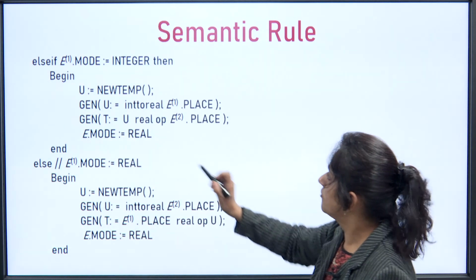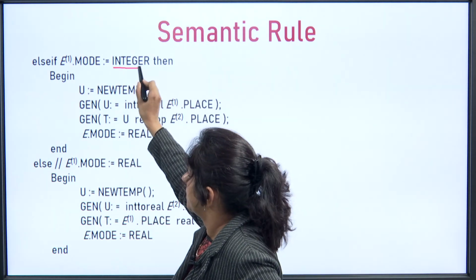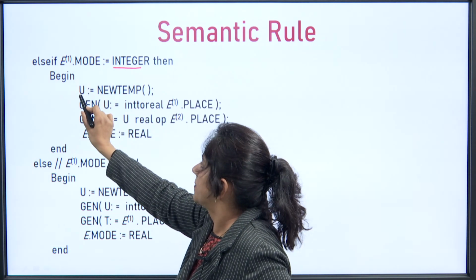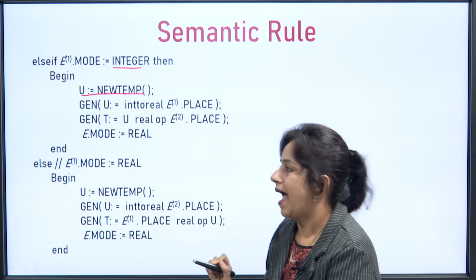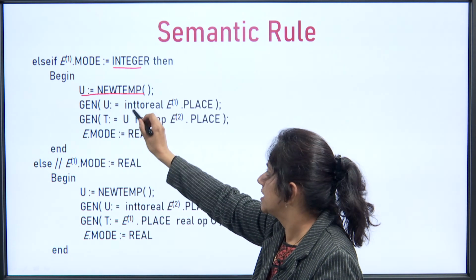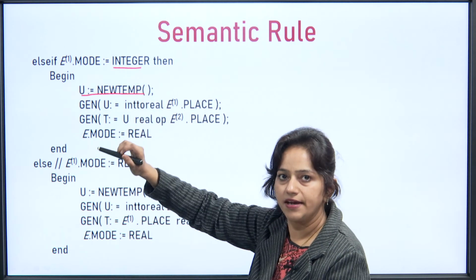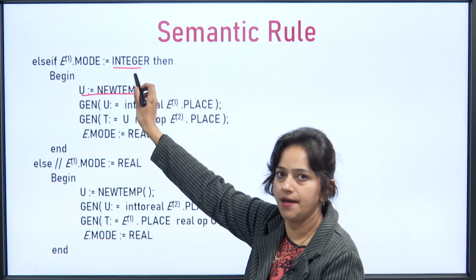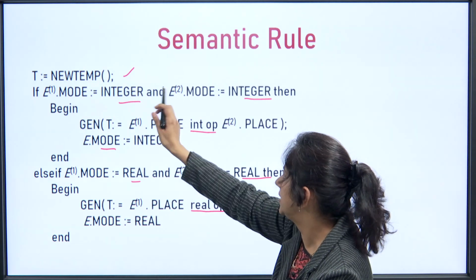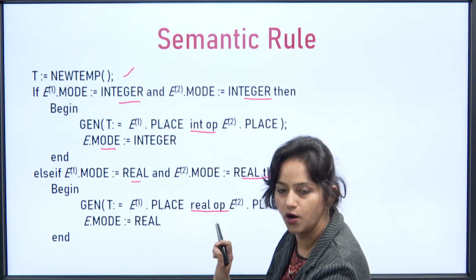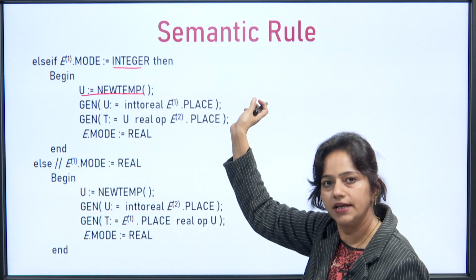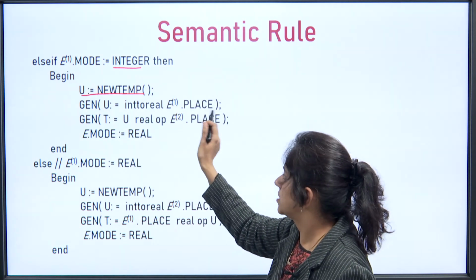Now here, if the first is of integer type, then we create a temporary variable u, and in this u we first convert the first operand from integer to real, because the first is of integer type and the second one is obviously of real type, since both integer and real cases have already been taken. Otherwise, if this is integer, then definitely the other one is real, so we need to change its type.